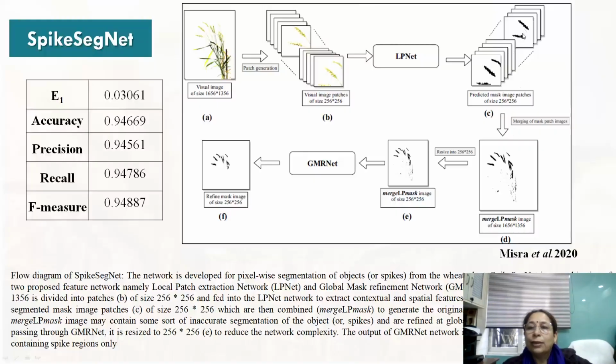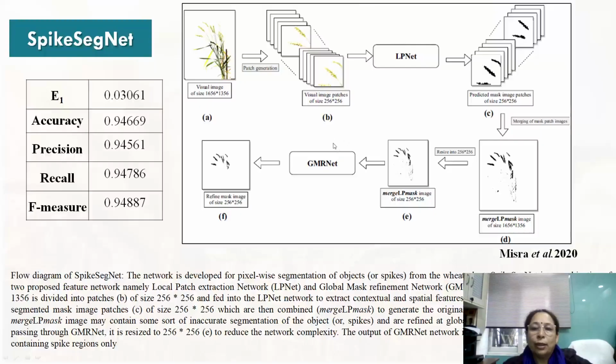You can see here this is the binary image. This is our region of interest, the object, the spike. These spikes have been identified in different patches. Then we have merged each generated mask and resized it again into 256 by 256.